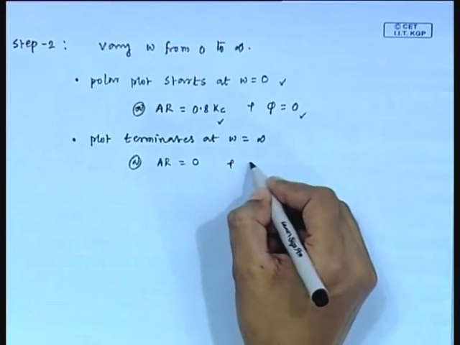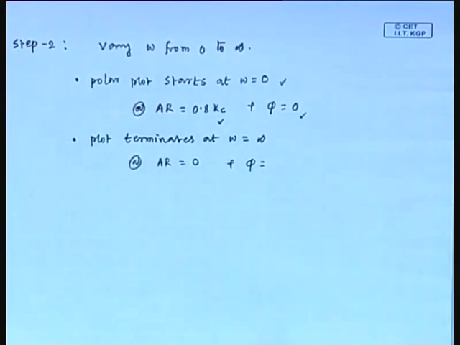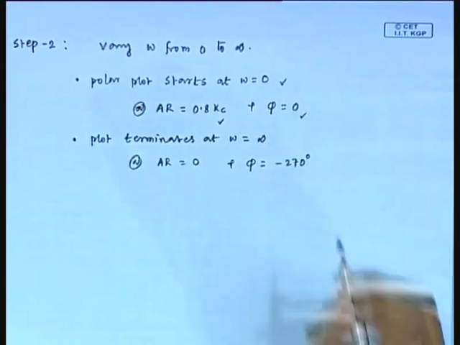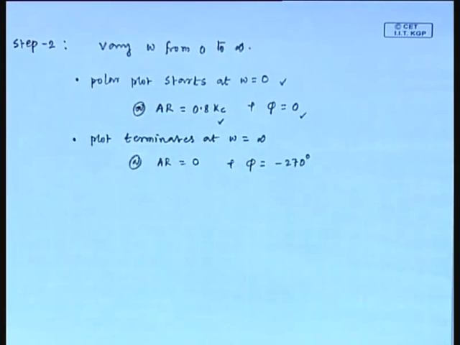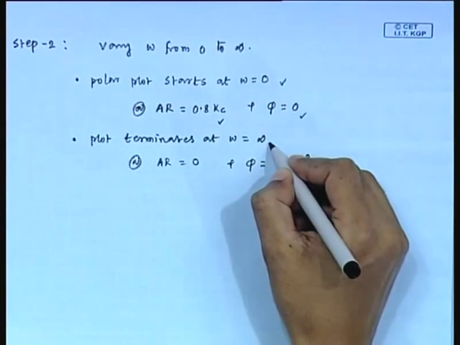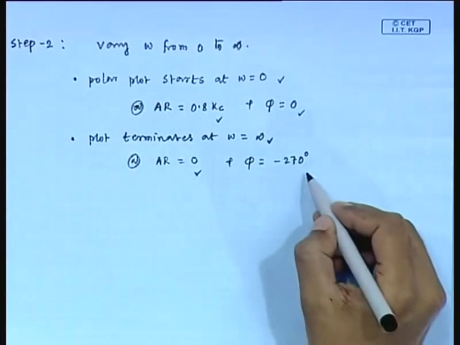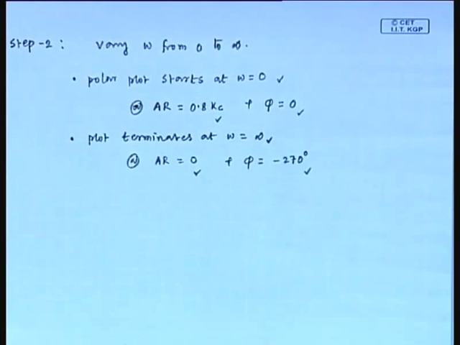Similarly, we obtain phi as minus 270 degree. Fine. When omega approaches infinity, we obtain amplitude ratio 0 and phi minus 270.